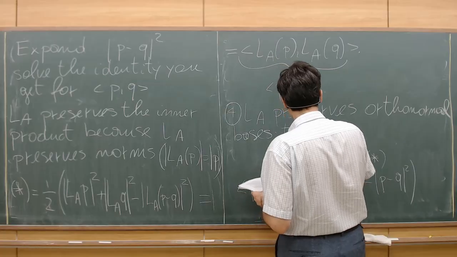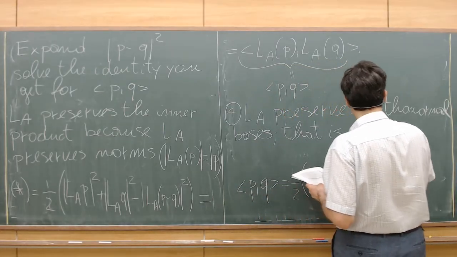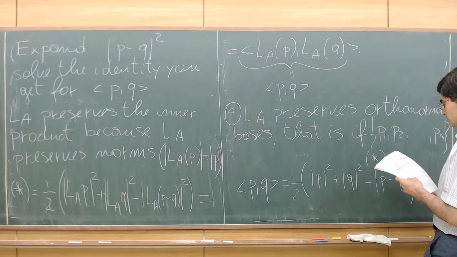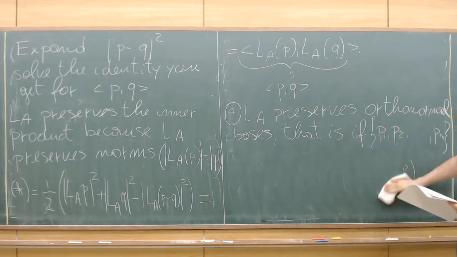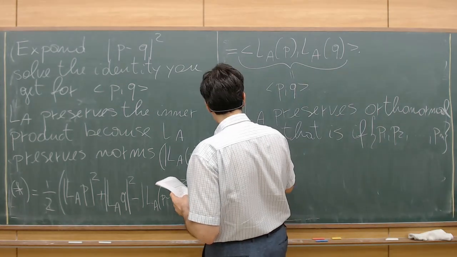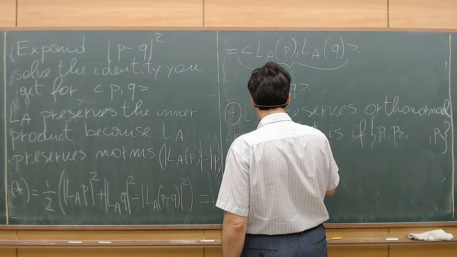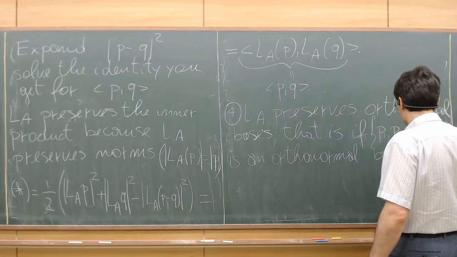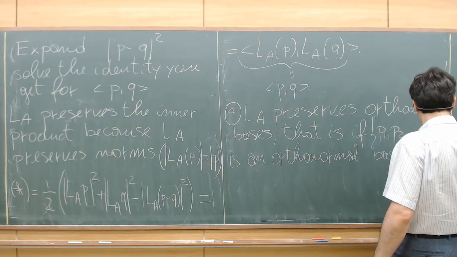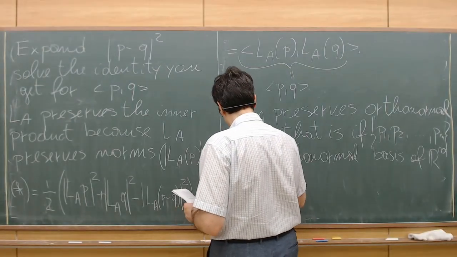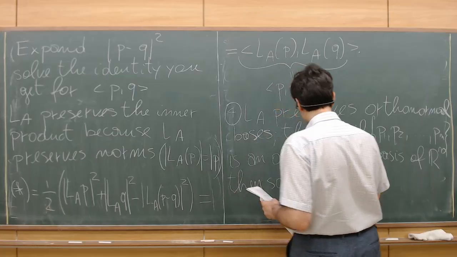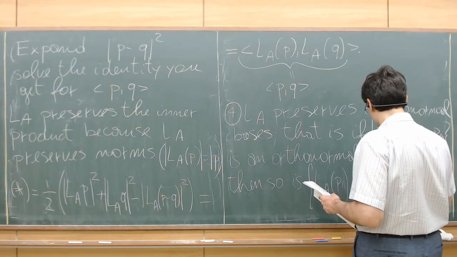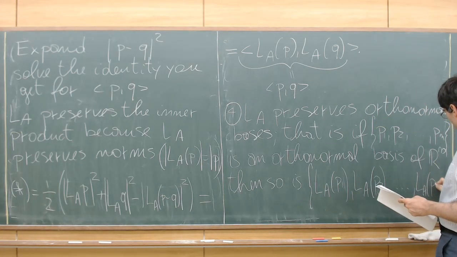That is, if P1, P2, Pn is an orthonormal basis over N, then so is LA P1, LA P2, LA Pn.